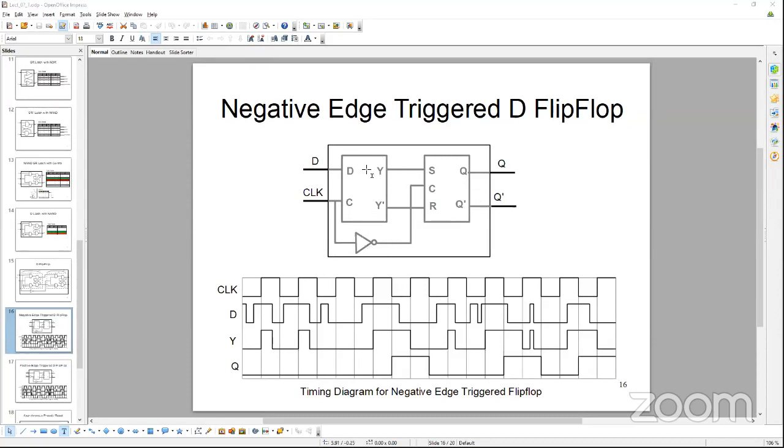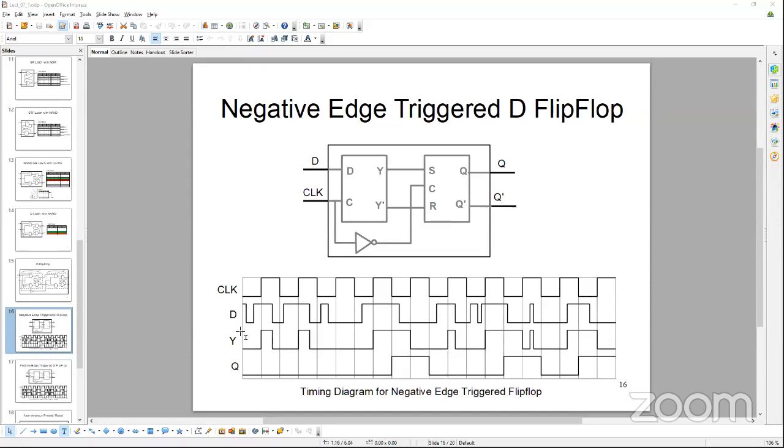That means the D latch will store the incoming data D when the clock is at logic high, right? So that's what you can see here. If you follow the logic pattern incoming on D, this is an independent pattern, it doesn't depend on anything.